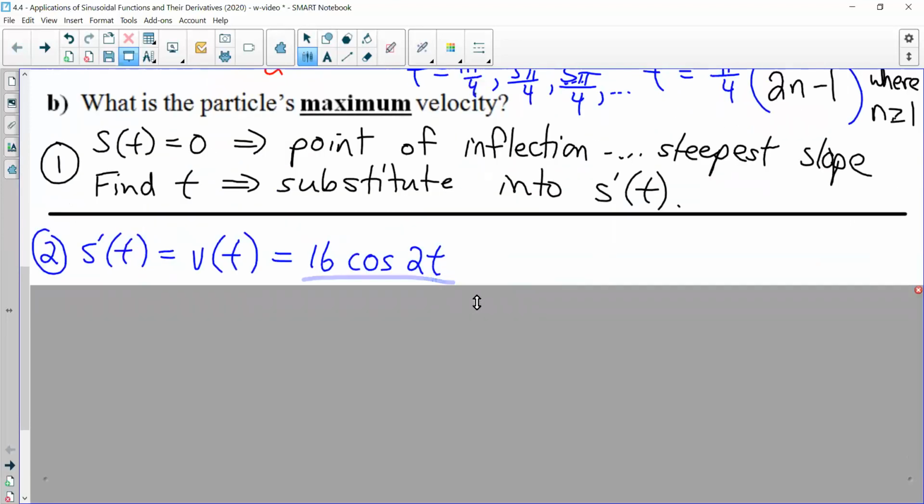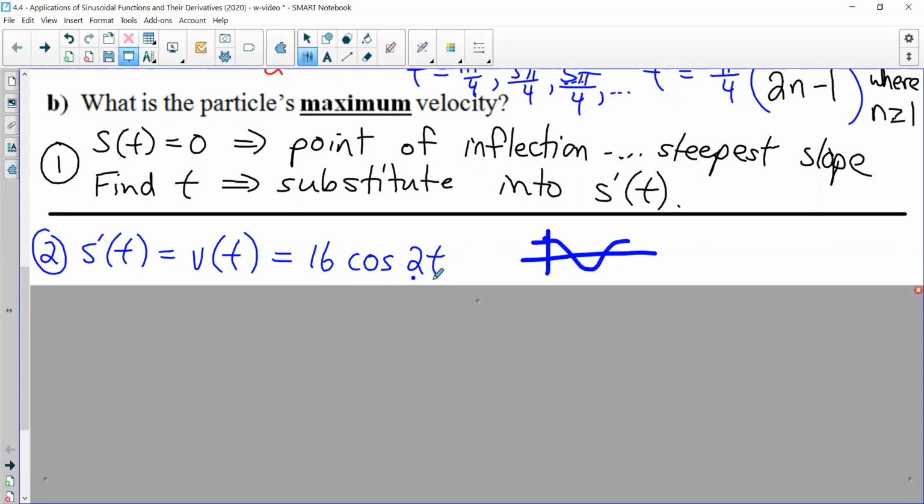So maybe a more simplistic way is trying to figure out what is the maximum this is ever going to be. Well, if you're pretty good with sketching things, this is just a cosine function. The amplitude would be 16. So it'd start off at 16 and end at 16, and you'd get your little cosine function.